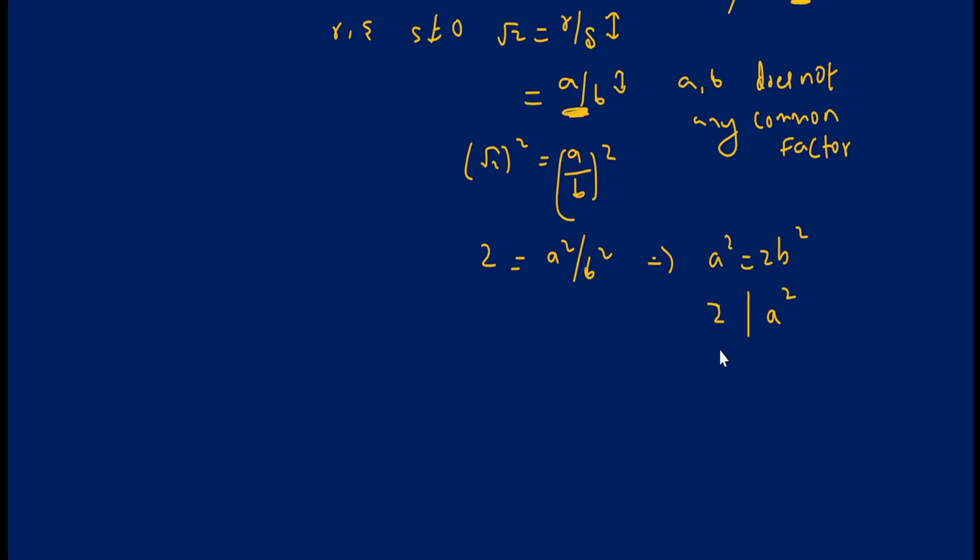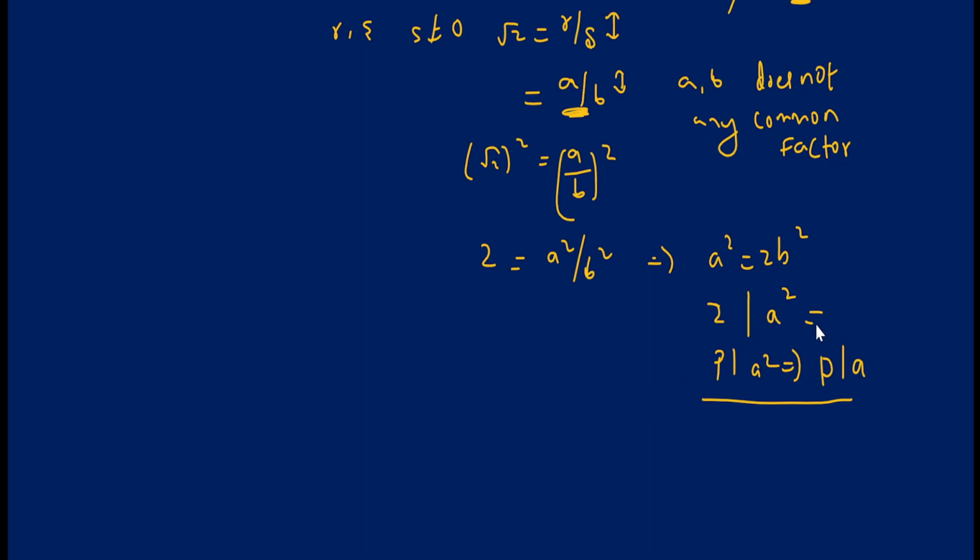Since 2 is a prime number, if p divides a square, this implies p divides a. We have proved this in the previous video. If a prime number p divides a square, then the prime number p will divide a.